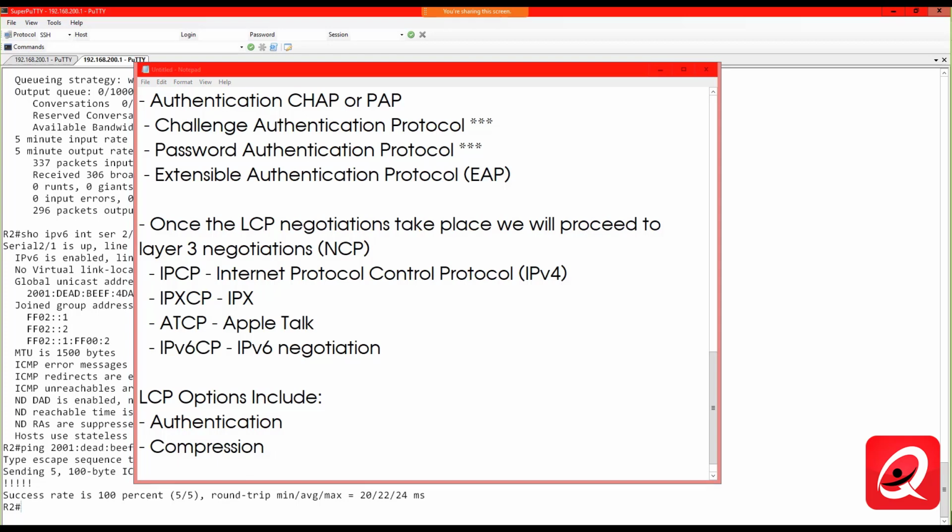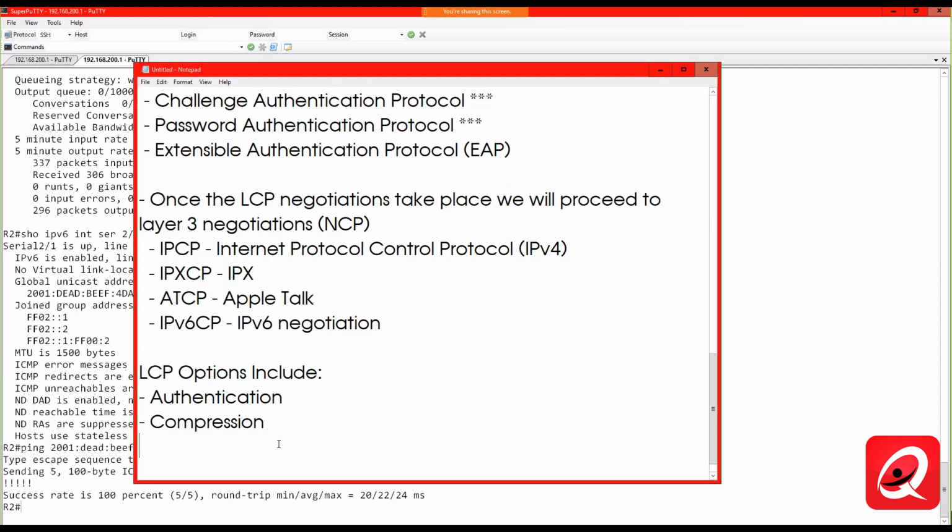We also have the function of error detection, and that's just going to give us the ability to identify any kind of faults that exist.